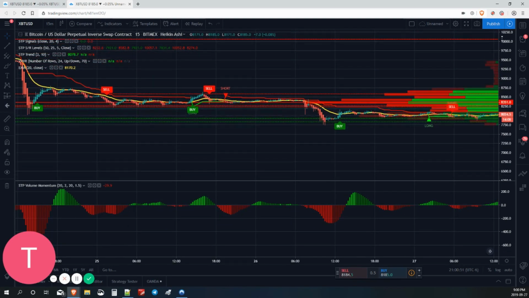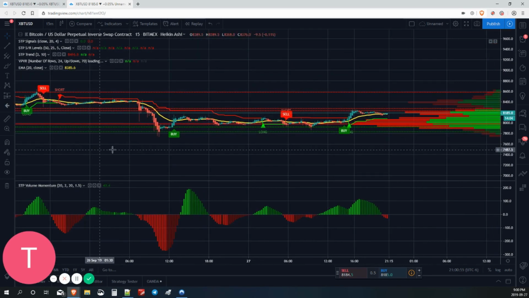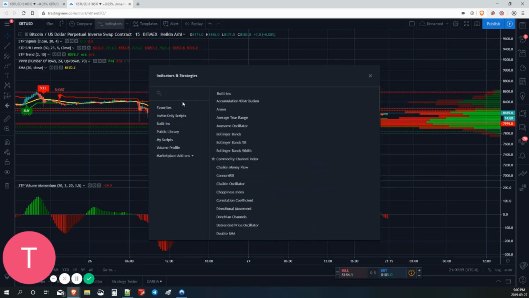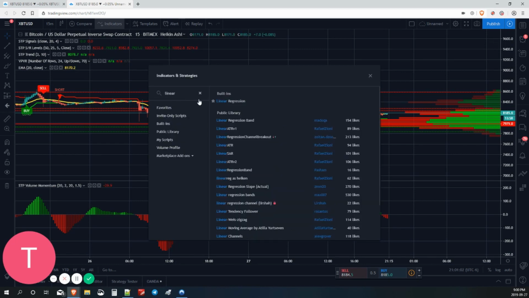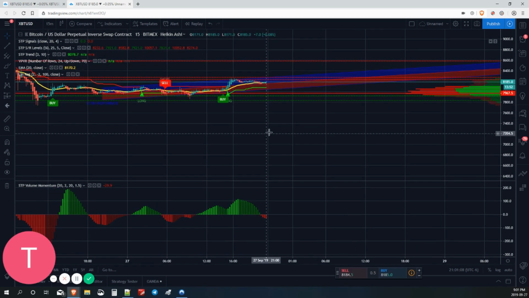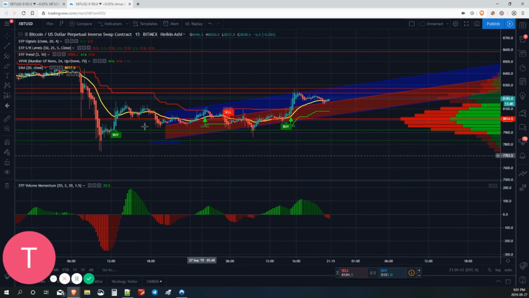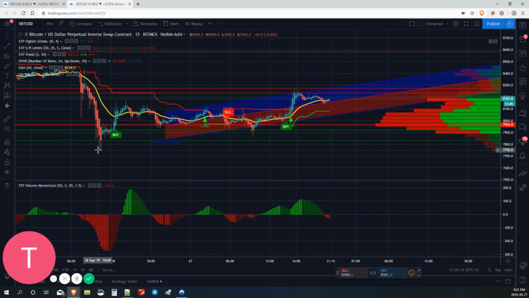The last one we'll go over is the linear regression. So I'm going to click here. It's linear regression, and this is helpful because it shows the current channel. So if I scroll in here, we had our big drop down, and we consolidated for a little bit.